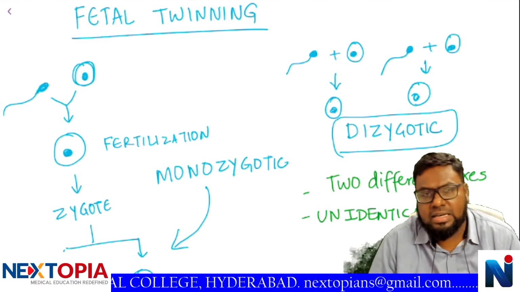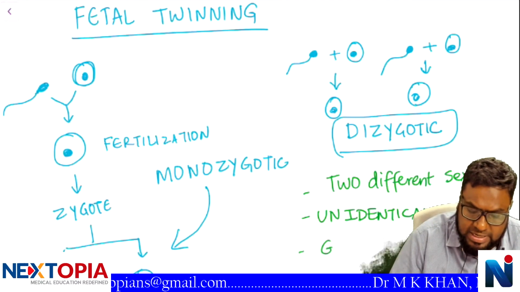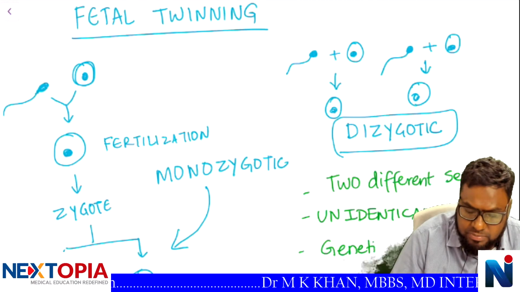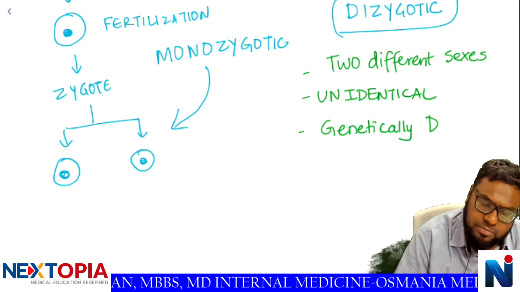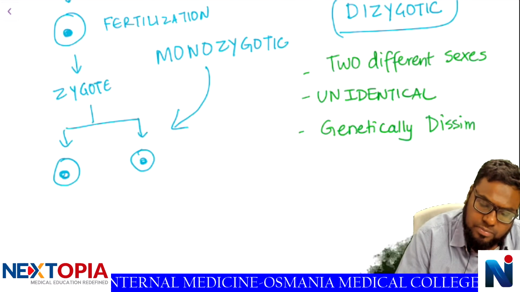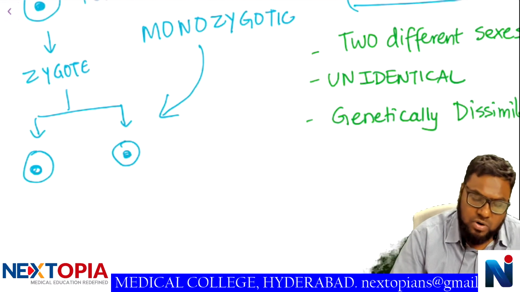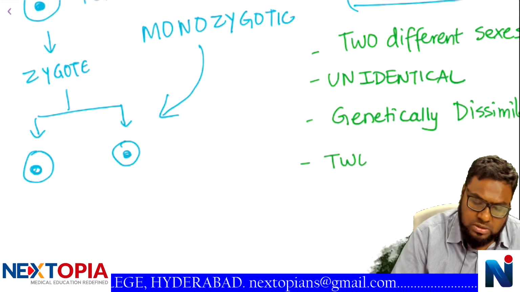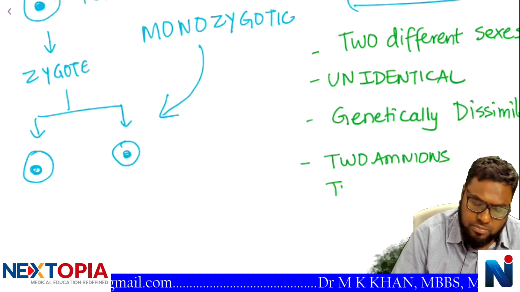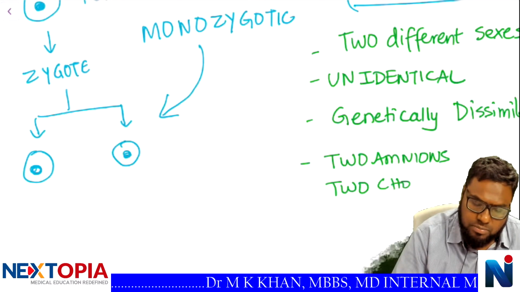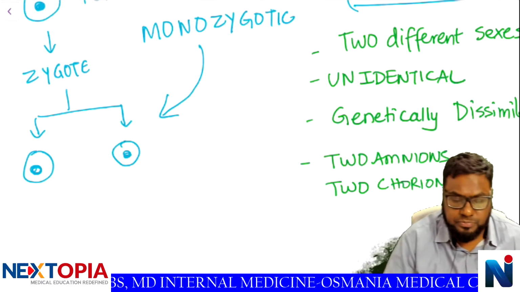They are not identical because of two different fertilizations, two different chromosomes. Hence, genetically they are dissimilar. And the second important fact is they have two chorions and two amnions.